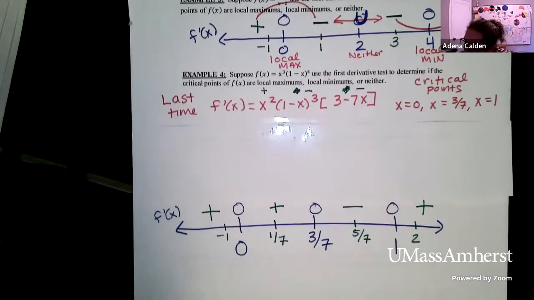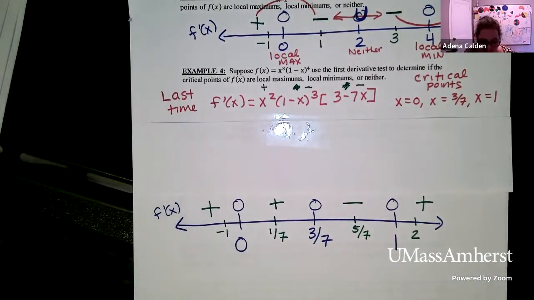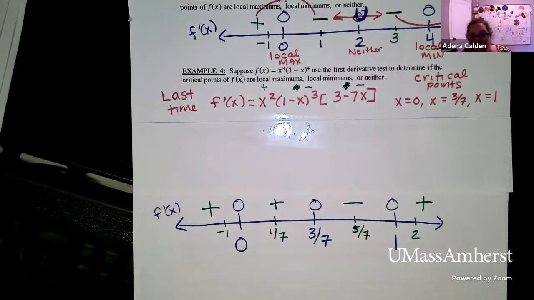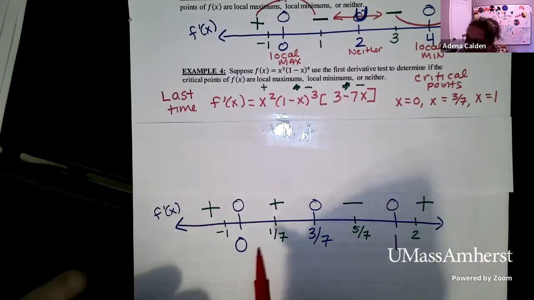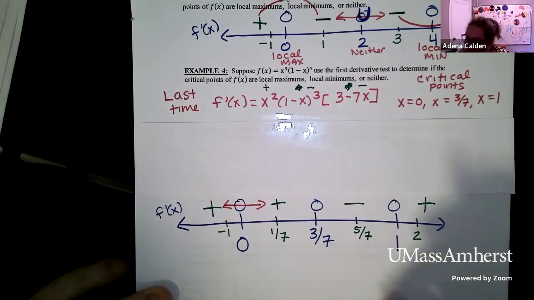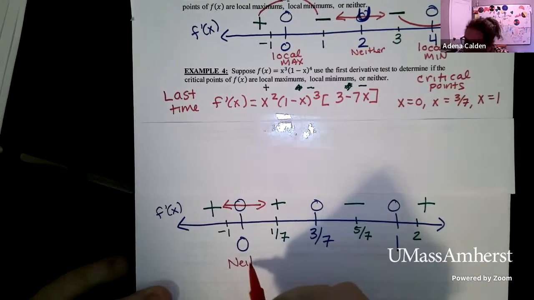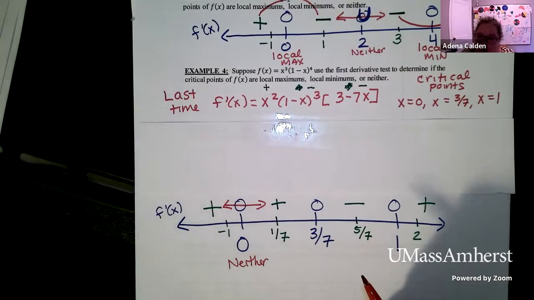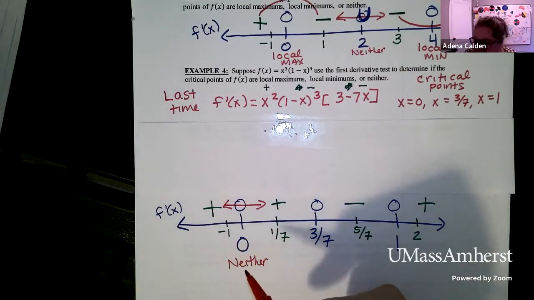Okay, so now I can look at how things change or not to determine and classify my critical points. So at 0, it's positive to positive. If it doesn't change, that critical point is neither. And if you remember, that was like the weird flat spot that I said was probably neither, and now we've confirmed that.